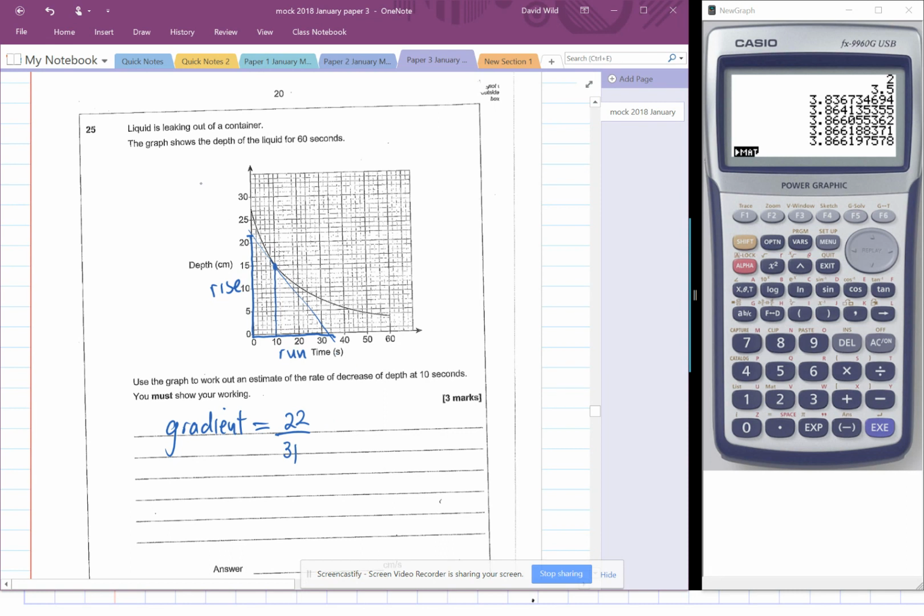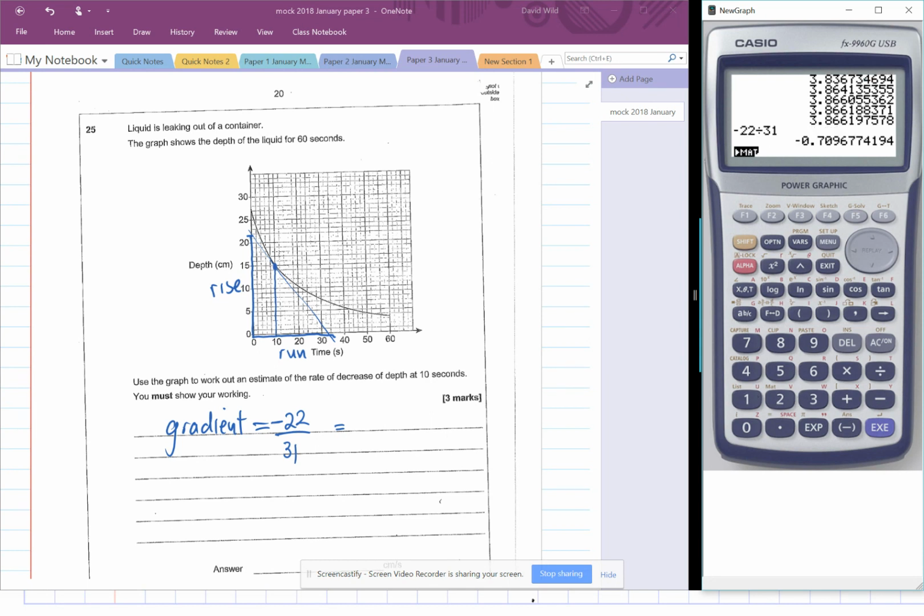Notice the gradient is going top left to bottom right, so it must be a negative gradient. If you want to put that as a fraction, you can: minus 22 divided by 31.